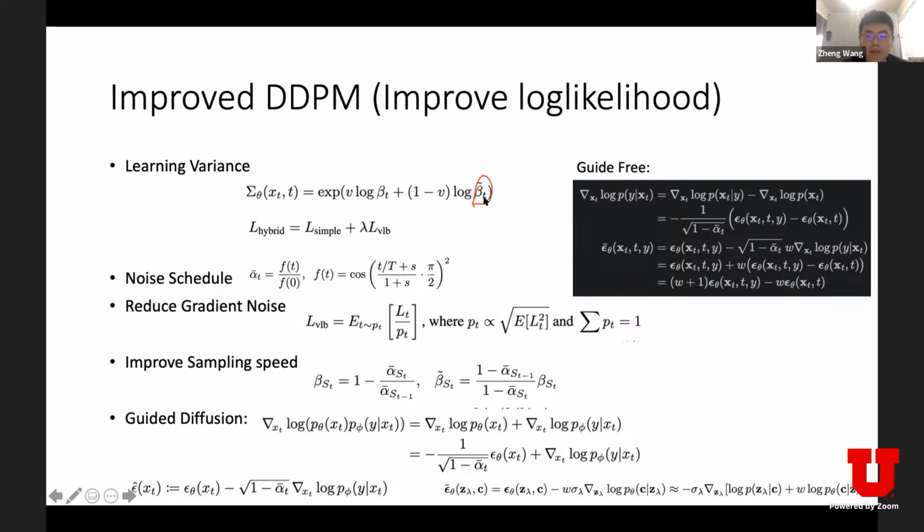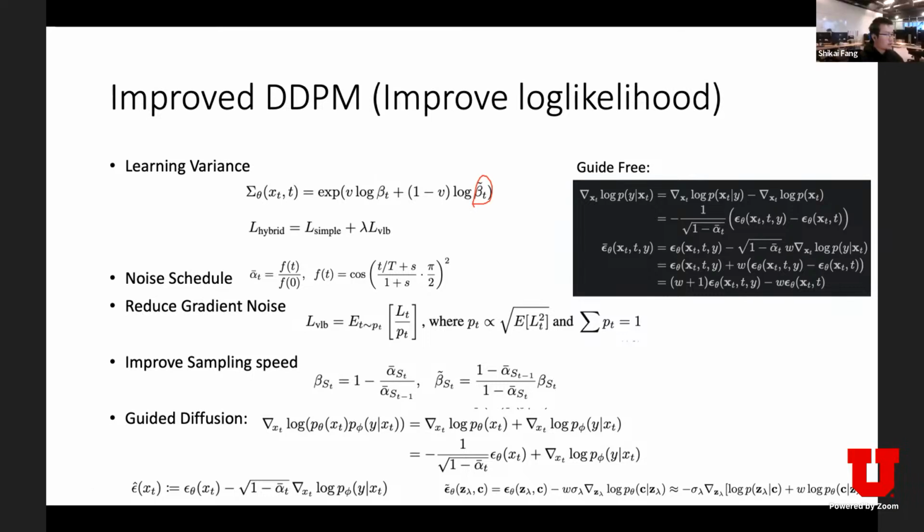That's why they interpolate these two values to approximate the reverse variance. So in that case, if you can only choose v equal to 1 or 0, right? Yes. Here the v is learned during the training phase.